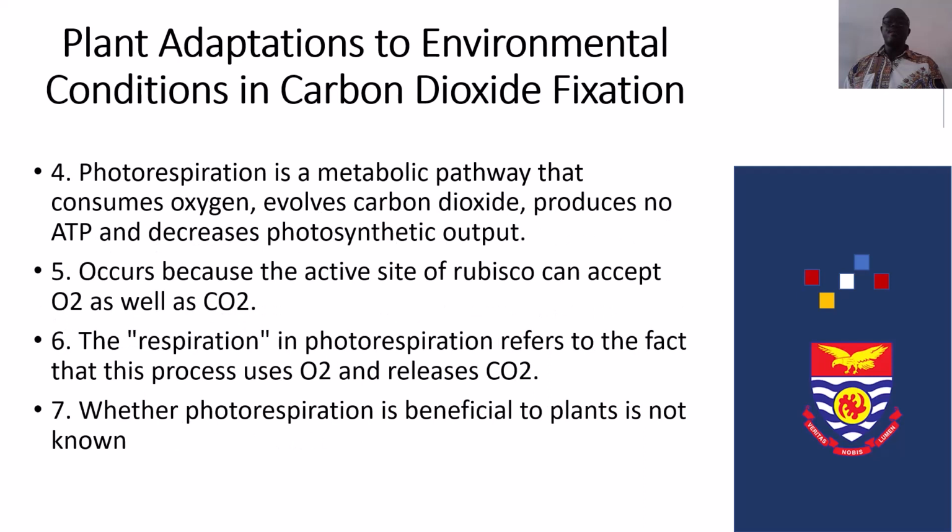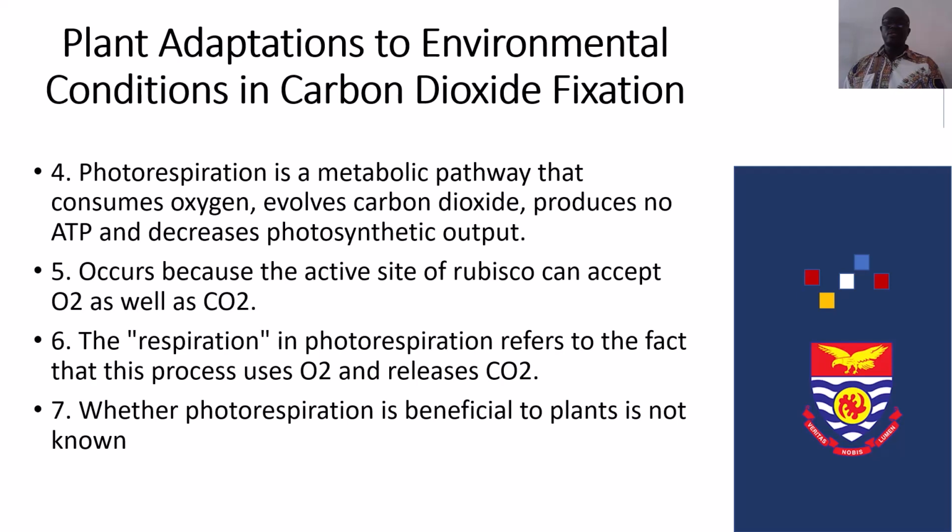Photorespiration is a metabolic pathway that consumes oxygen, evolves carbon dioxide, produces no ATP and decreases photosynthetic output. It occurs because the active site of rubisco can accept oxygen as well as carbon dioxide. The respiration in photorespiration refers to the fact that this process uses oxygen and releases carbon dioxide.